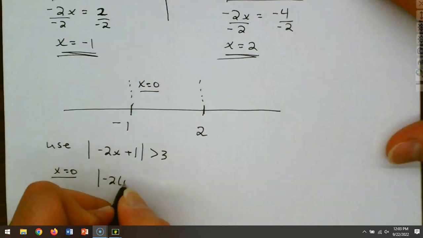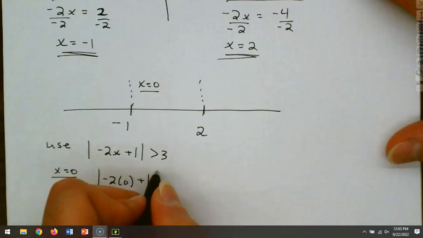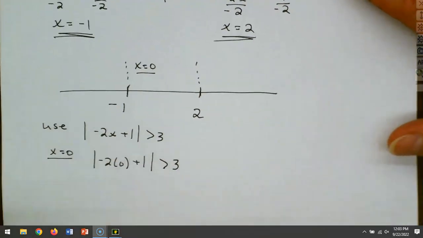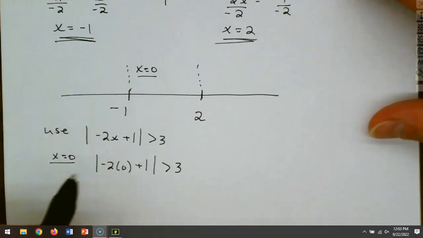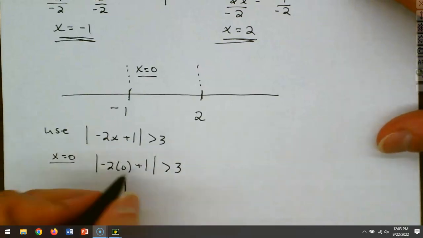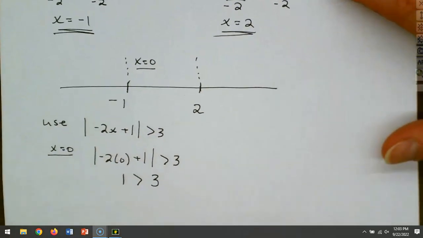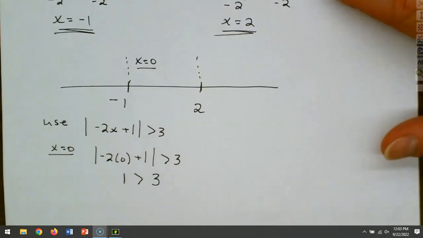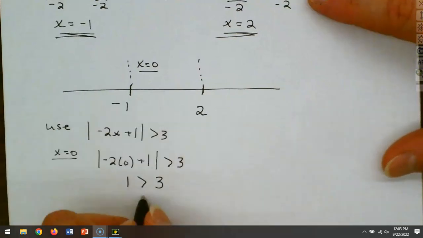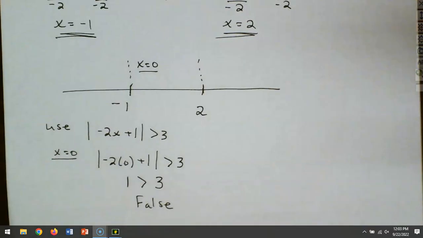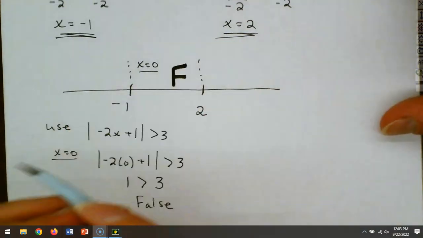And let's see what we get here. -2 times 0 is 0, so that's gone. Plus 1 is 1. Absolute value of 1 is 1. And is 1 going to be bigger than 3? Is that true or is that false? False.